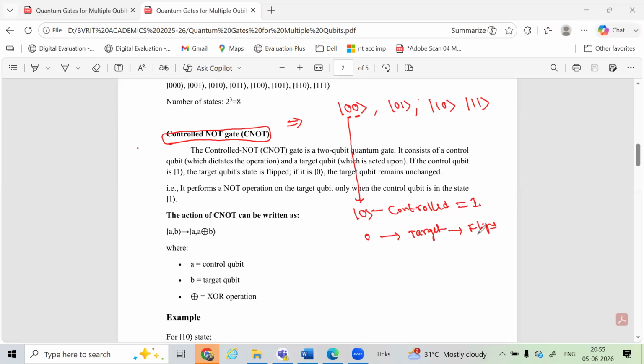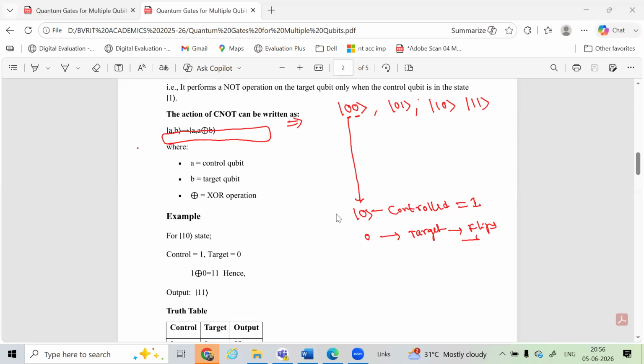For example, we just discussed the 4 states. Let me take the 0, 0 state first. Now I am applying the CNOT gate.